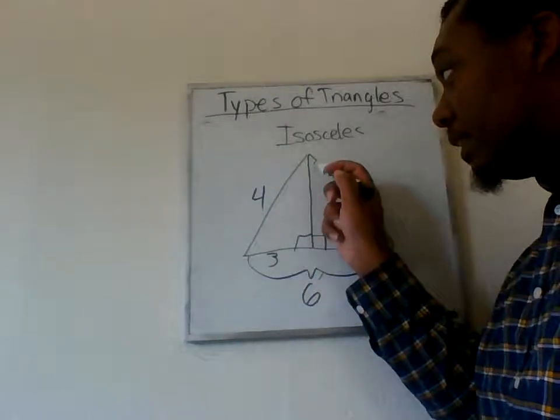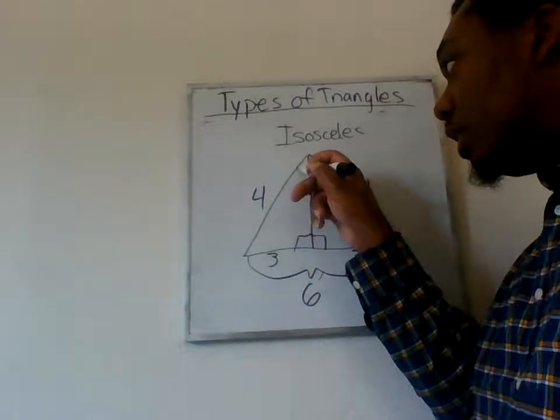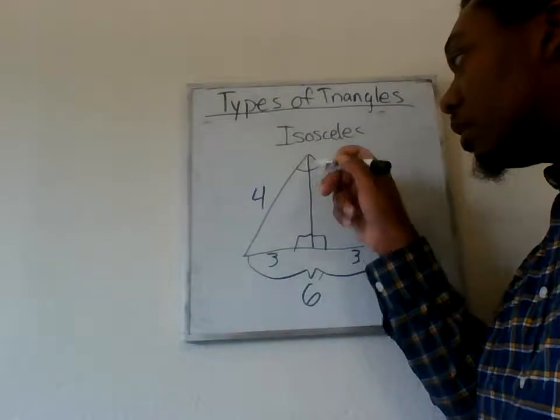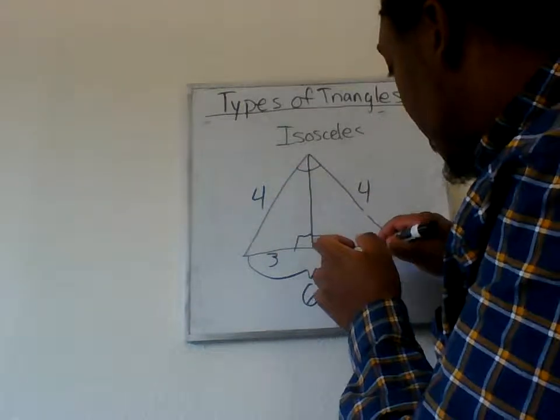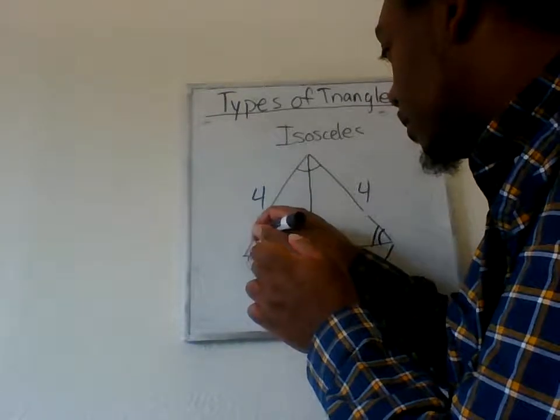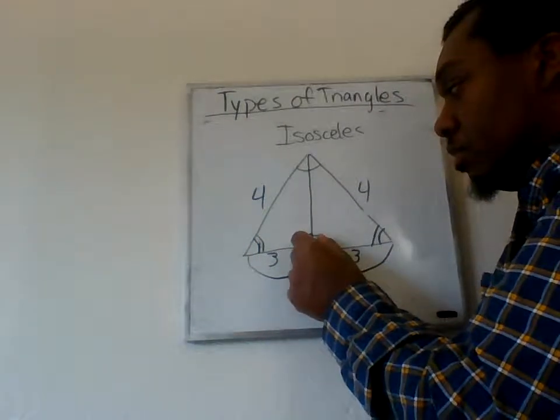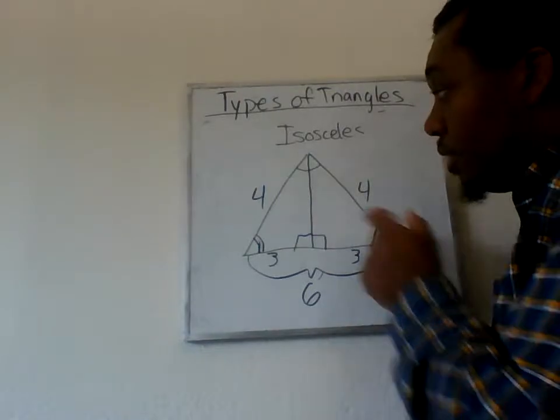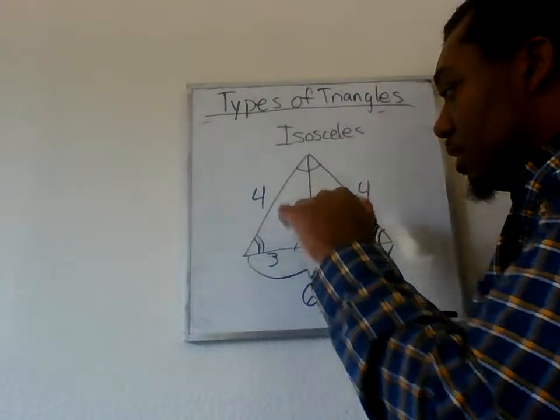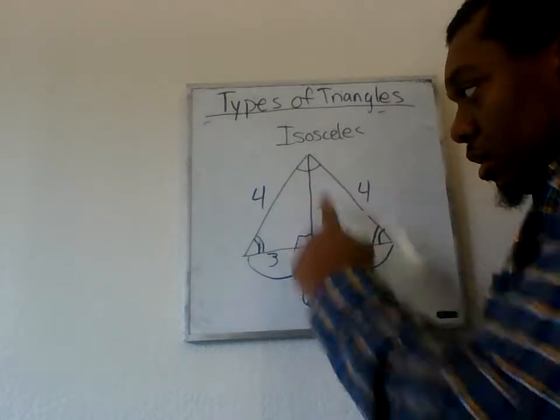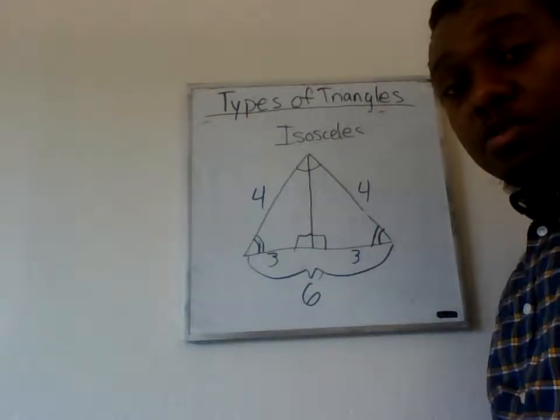This also splits this angle into two equal angles. So therefore, because the base angles are the same, that means our side lengths will have to be the same there as well.